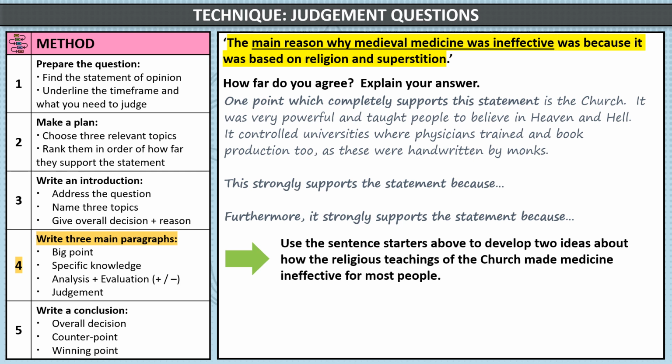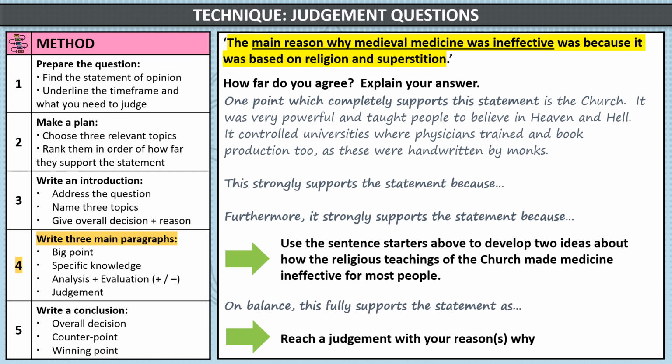Your job here is to develop two ideas about how the religious teachings of the church made medicine ineffective for most people. Try using the two sentence starters here. And don't forget to make a judgment at the end of this paragraph with your main reason why.